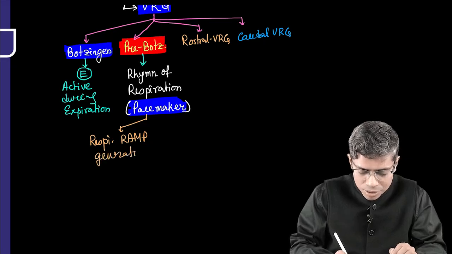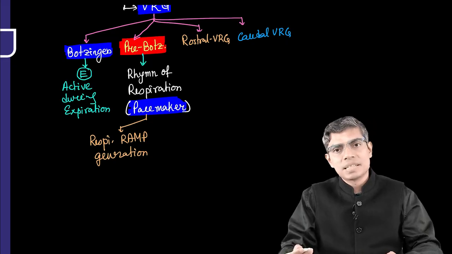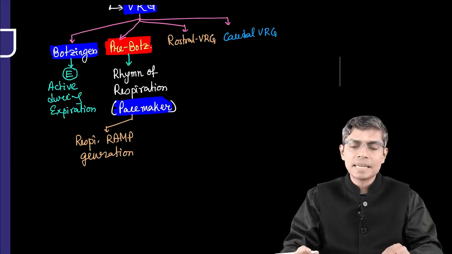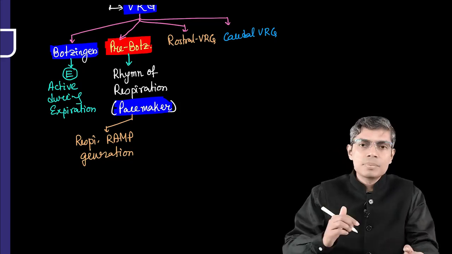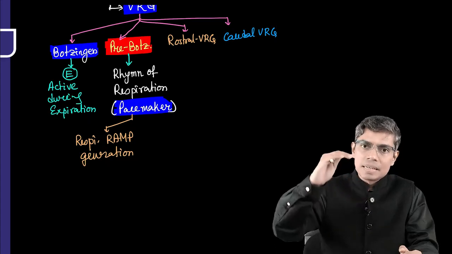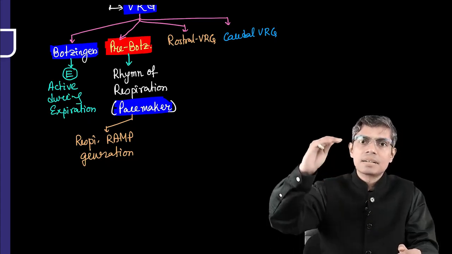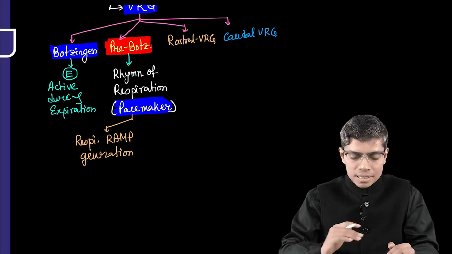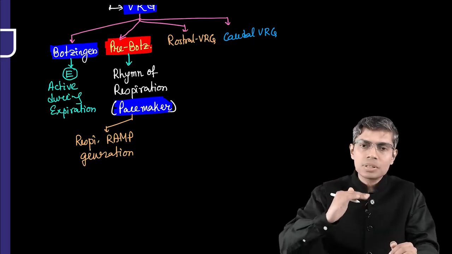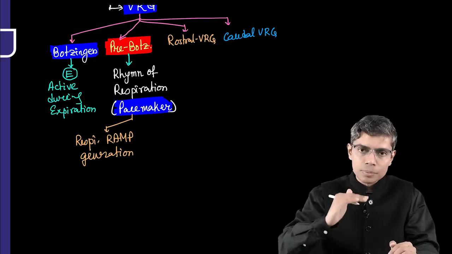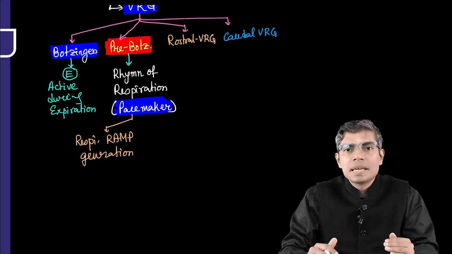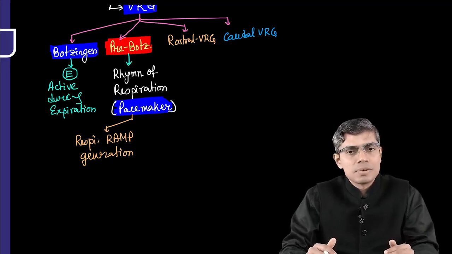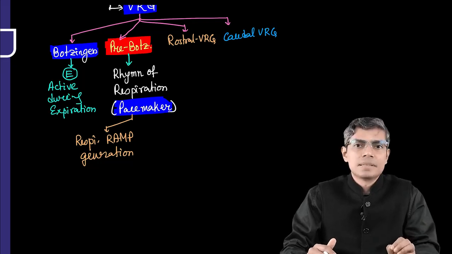If the question is from which area the respiratory ramp signal is generated, again your answer is pre-Bötzinger complex. What is the meaning of this? Respiratory rate and depth never rise suddenly to a very high level. There is a smooth rise of inspiration and a smooth rise of expiration. That is the step-by-step increment of the discharge pattern of the neuron, and that is the ramp signal.